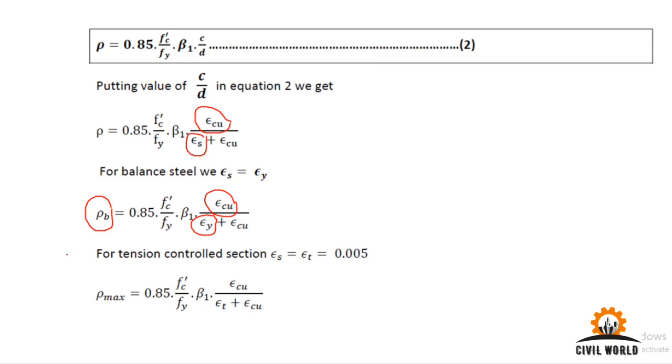But as per ACI code, we don't want concrete to fail before steel, because concrete is brittle in nature. If it fails, there won't be any warning. There will be a sudden failure. But if steel failure is initiated before the ultimate limit of concrete is reached, there will be a ductile failure.